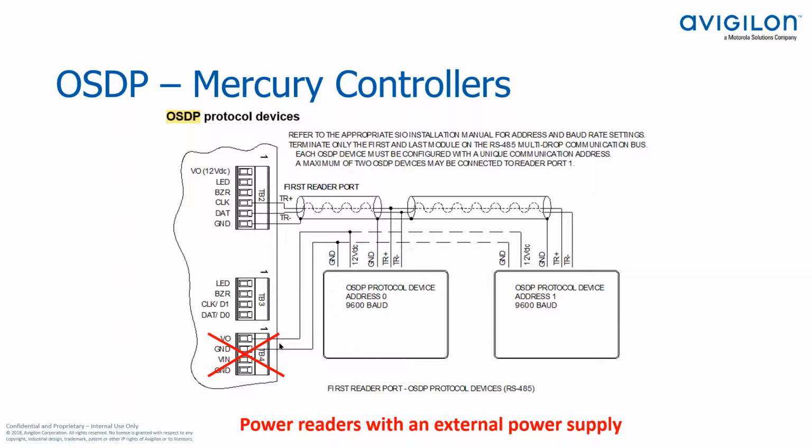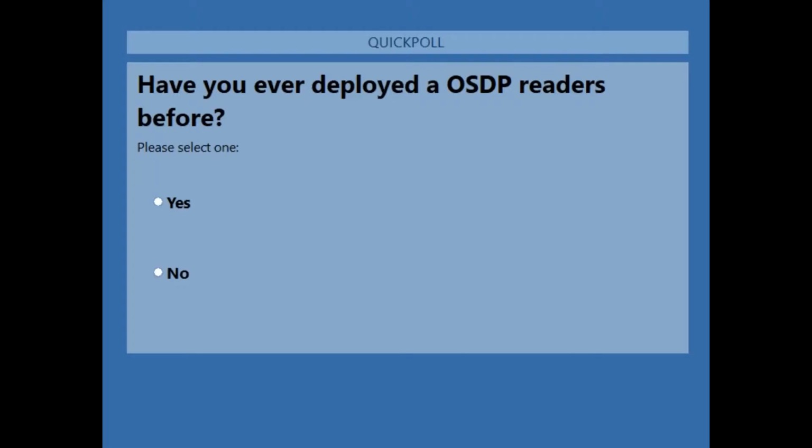So I'm going to go ahead and throw another poll here real quick, just to get a sense, and this is a pretty easy one, for if you guys have seen OSDP before or not. So if you could please answer that, we would appreciate it. Again, if you're in maximize screen, just click escape on your keyboard.